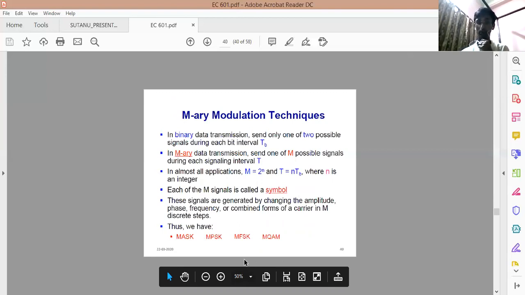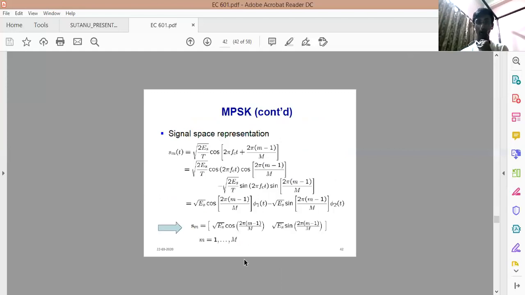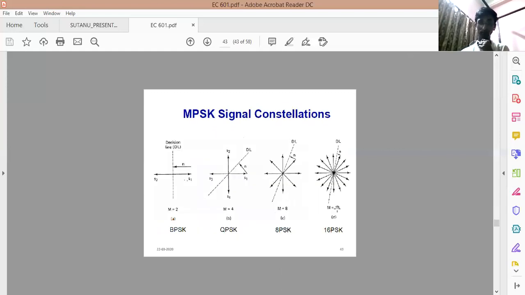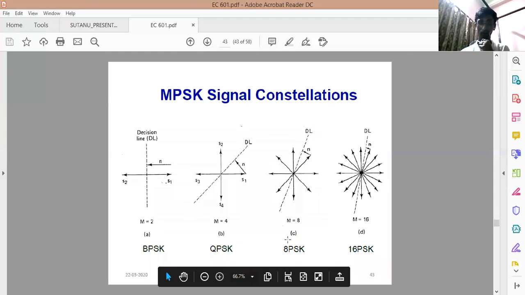Now today I'm going to tell you what is MPSK. I have discussed, and that is written over here, nothing else. If it is BPSK, then the figure is something like this. When it is QPSK, there are 4 points. When it is 8PSK, 8 points. When it is 16PSK, then 16 points.